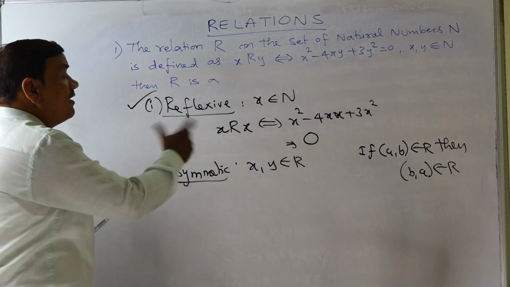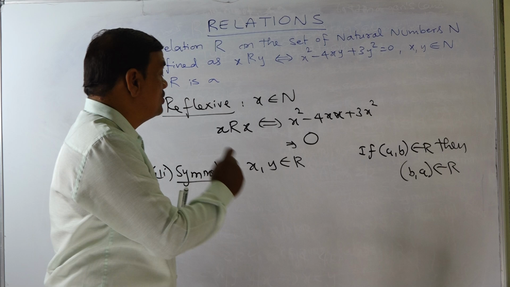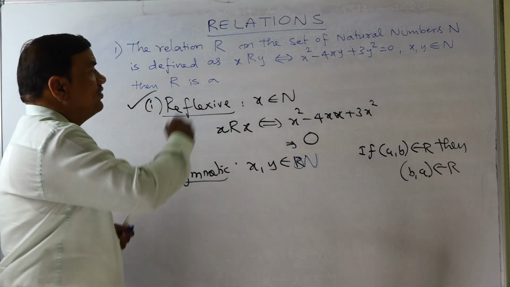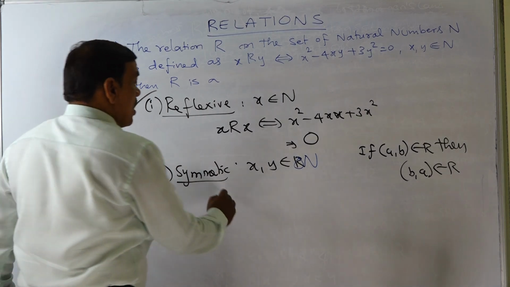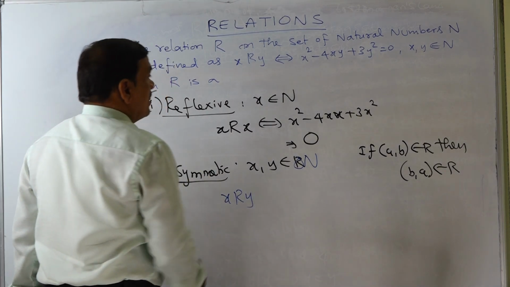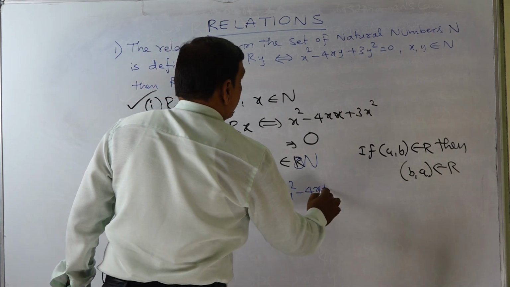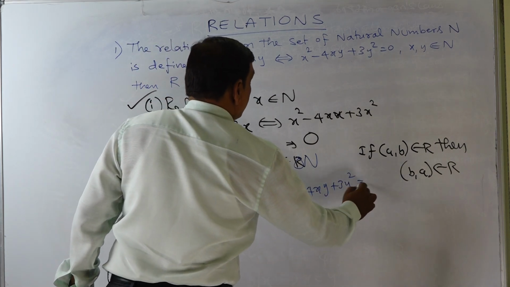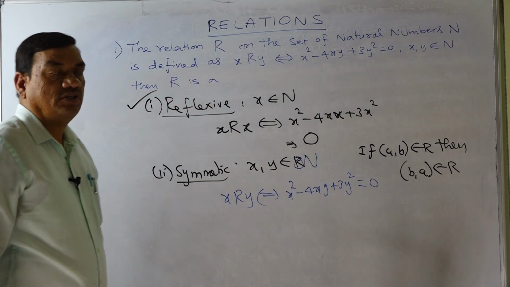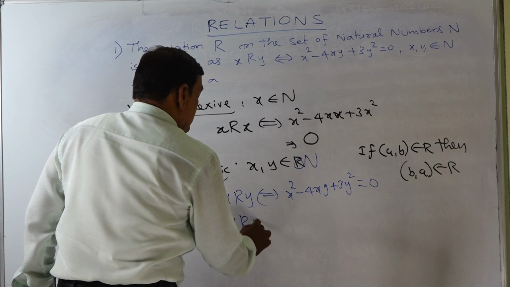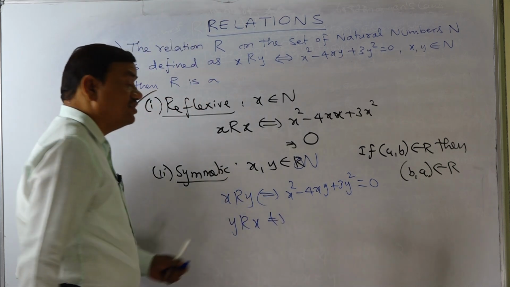First of all, let us take the two elements which are natural numbers. Apply the relation x related to y. So this implies x square minus 4xy plus 3y square is equal to 0. This condition is given. Now the same thing, y related to x, should also be 0.